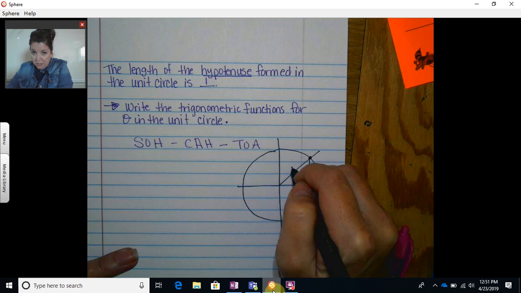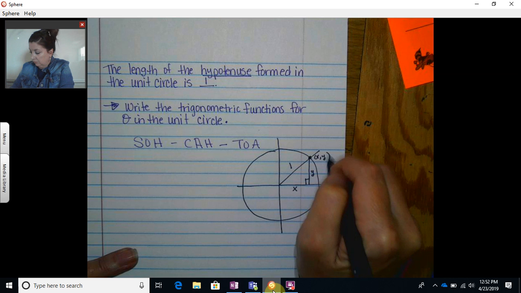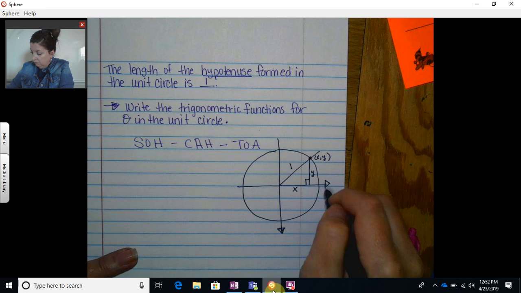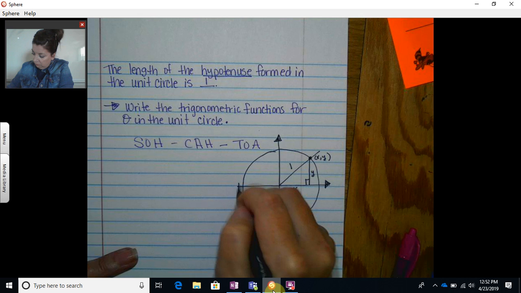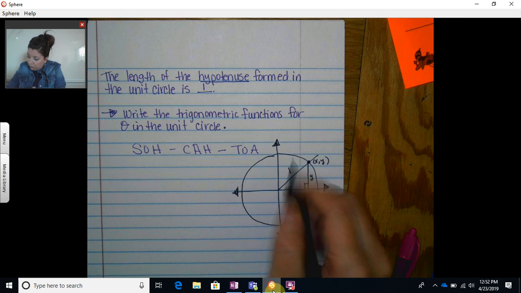The base of the triangle was x. The height was y. And then that little angle that we formed is your theta.